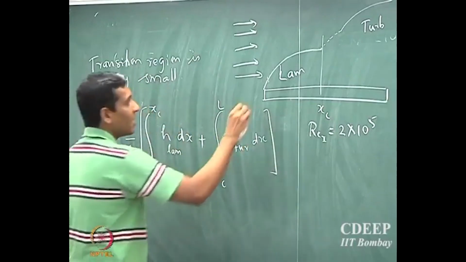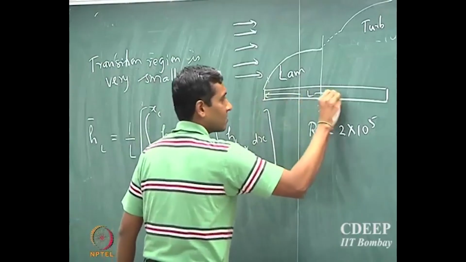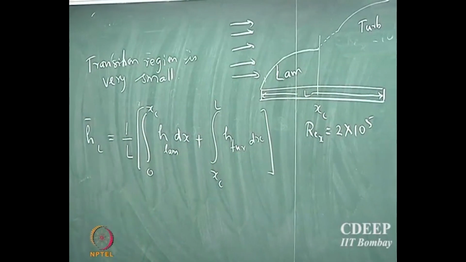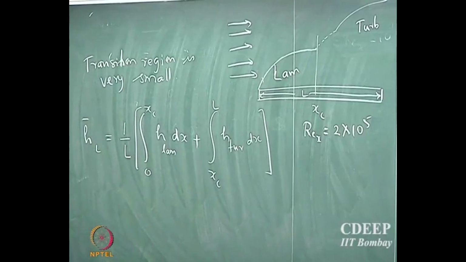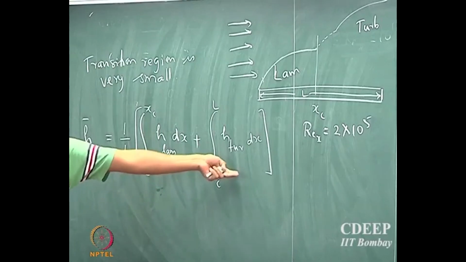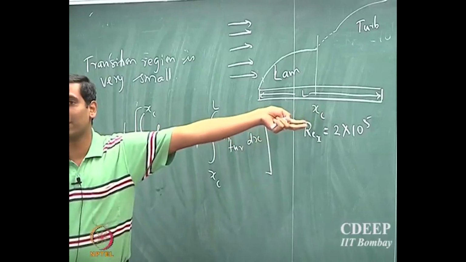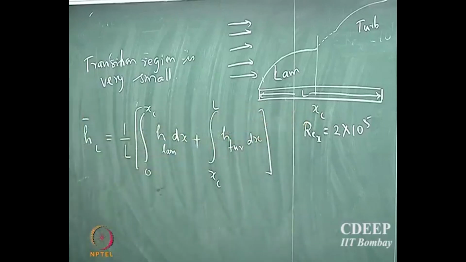So where the length of the plate is L, that's the length of the plate. So one could simply integrate the local heat transport coefficients in laminar condition up to the critical point and integrate the same in the turbulent conditions up to the full length of the flat plate, okay. So that will give you the average heat transport coefficient when you have mixed conditions of both laminar and turbulent conditions. And one could do the same exercise for mass transport coefficient as well.